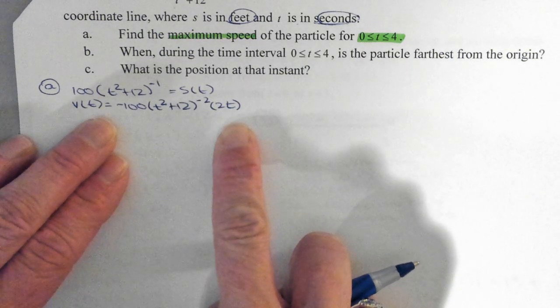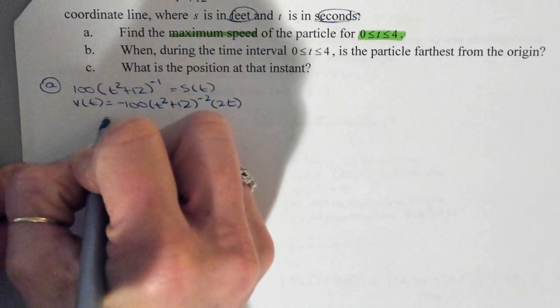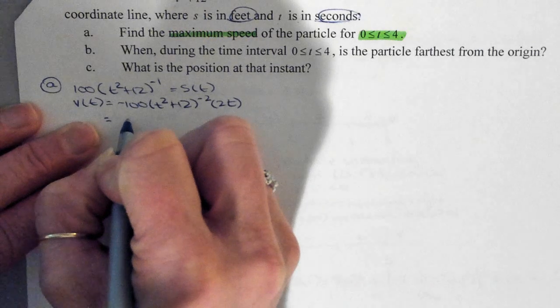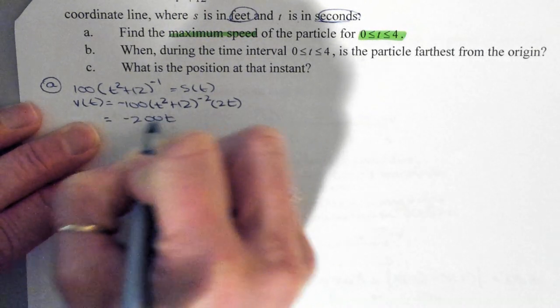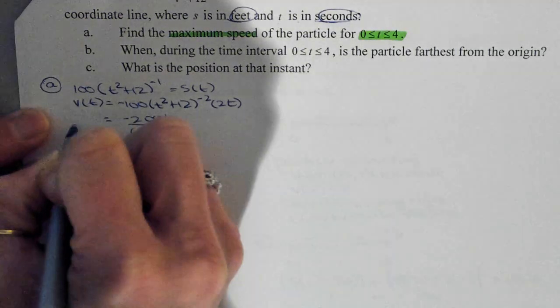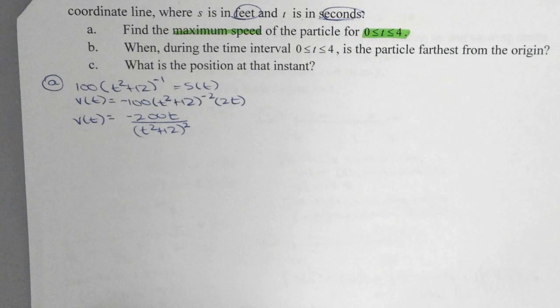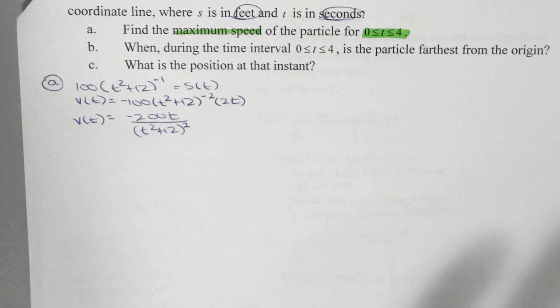Okay, I am going to rewrite this so it is a little bit more user-friendly. This would be negative 200t over t squared plus 12, the quantity squared, and this is our velocity function. It looks a little bit better, but still kind of crazy. Drita, you okay? Oh, yeah, I'm good. I got it.